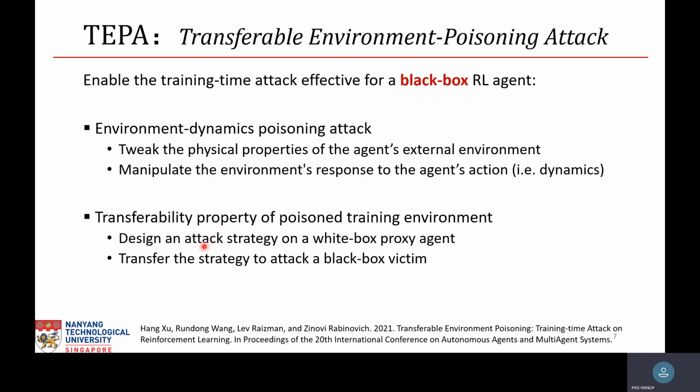This means that even though the attacker has no idea about how the victim agent learns its policy, it can design an attack strategy based on a white box proxy agent and then transfer the attack strategy to attack a black box victim. So this work overcomes the assumption that RL agents should be white box.